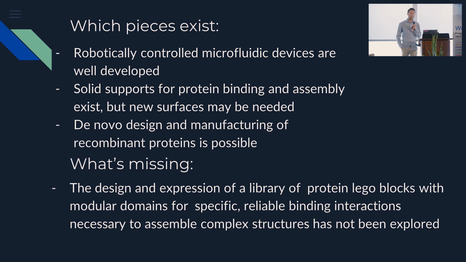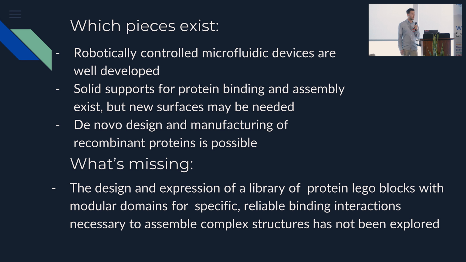So which parts of this exist? Well, an automated microfluidic device is a well developed piece of technology. There are solid supports for protein binding and assembly, but as I mentioned, new kinds of surfaces and chemistries may be needed to do this. We can also de novo design and manufacture recombinant proteins.